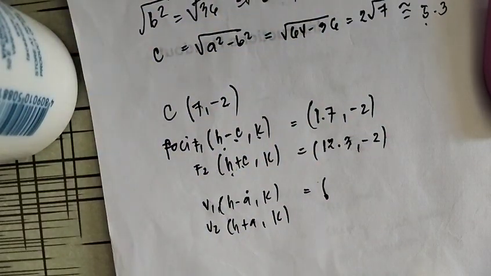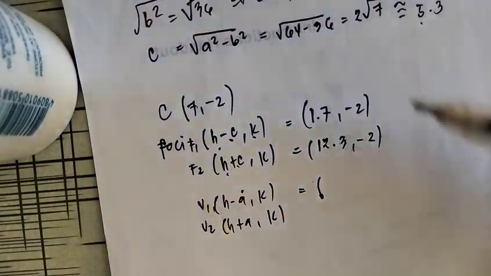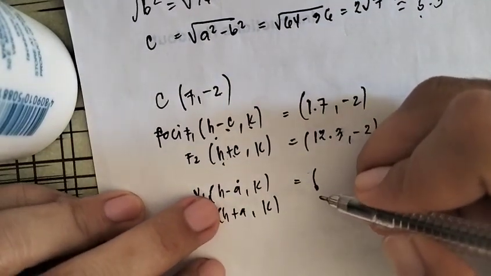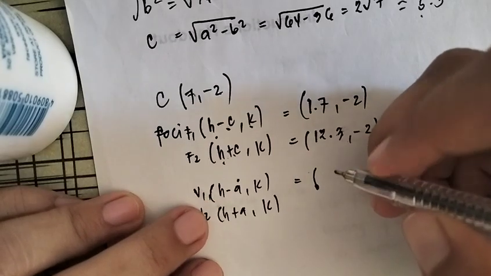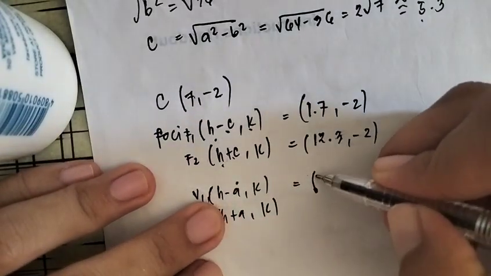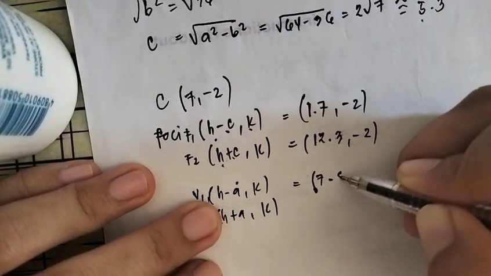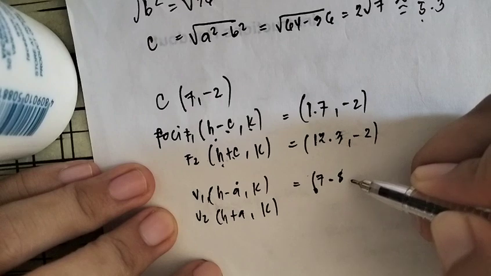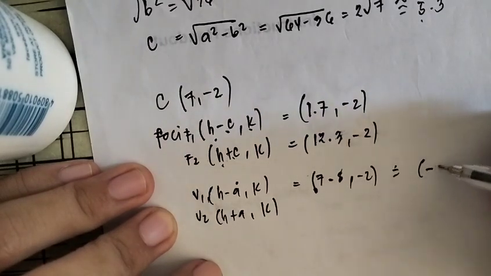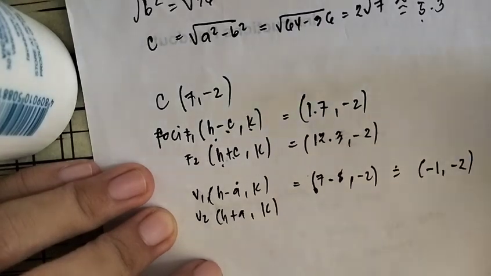Okay. So, pareha ang K. V1 is H. Pila H na to? 7 minus A. So, 7 minus 8. And then, K nga, negative 2. So, nakay negative 1, negative 2.